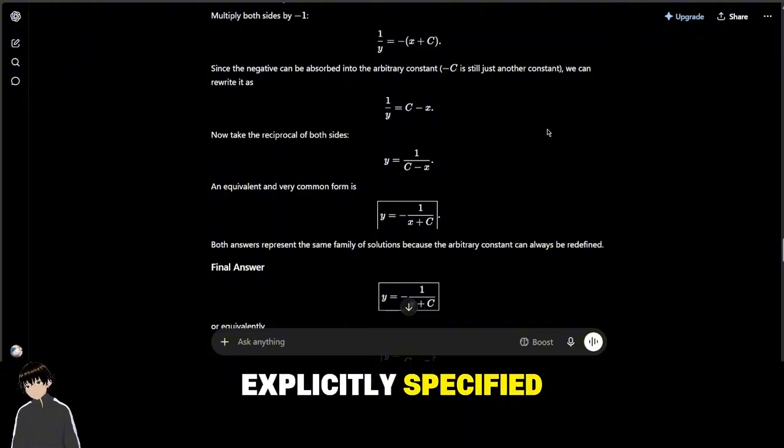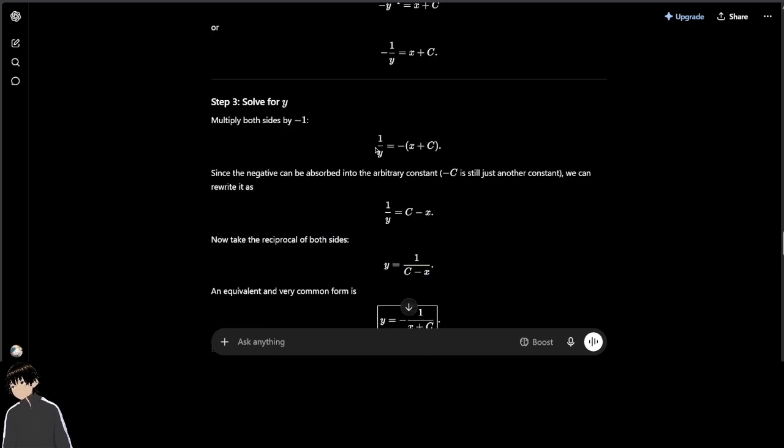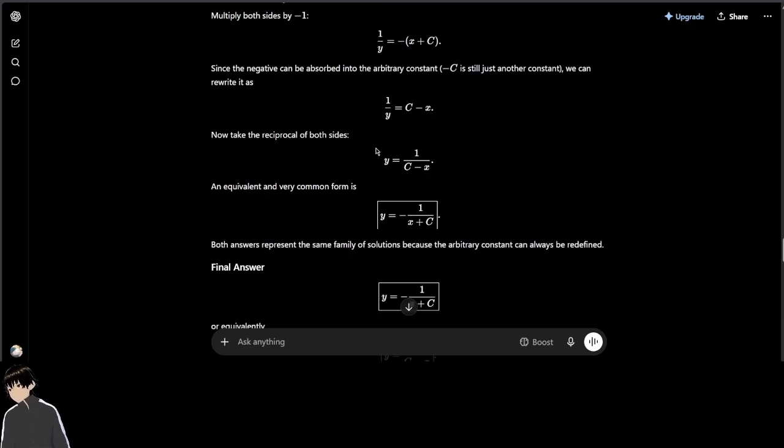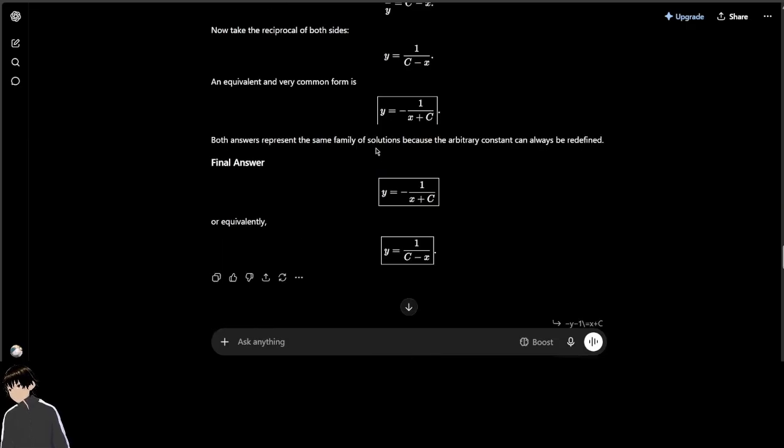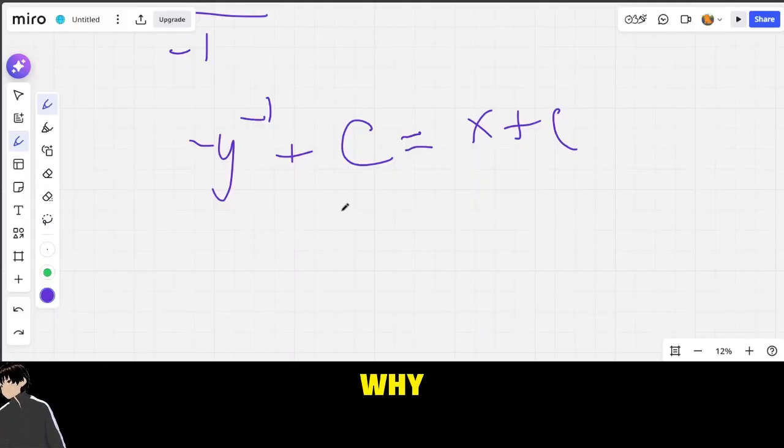So we have 1 over y. You can just rewrite this as 1 over y.